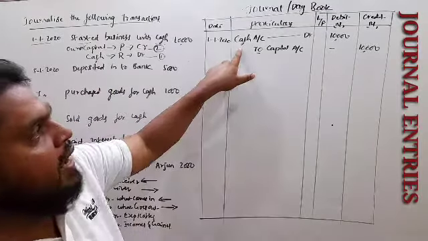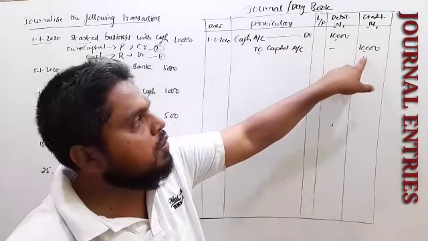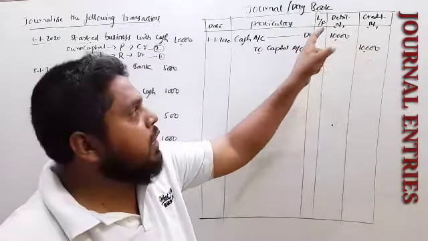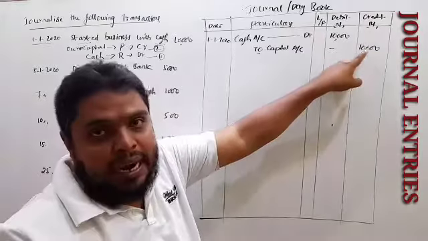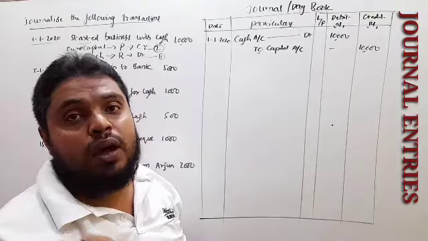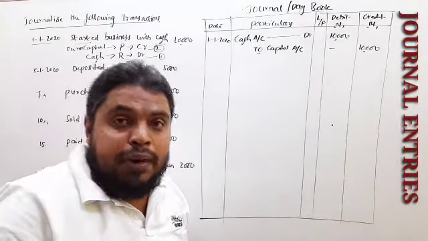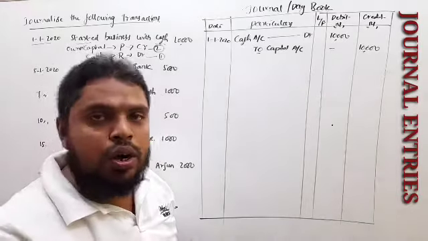Now cash account is debit, to capital account is credit. So debit equals credit and credit equals debit. This is the accounting equation concept.